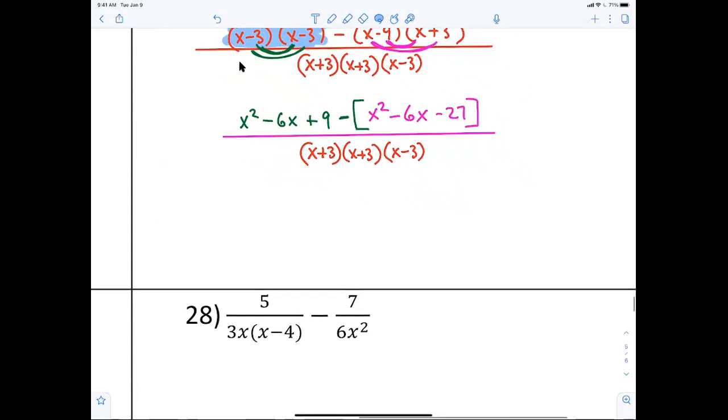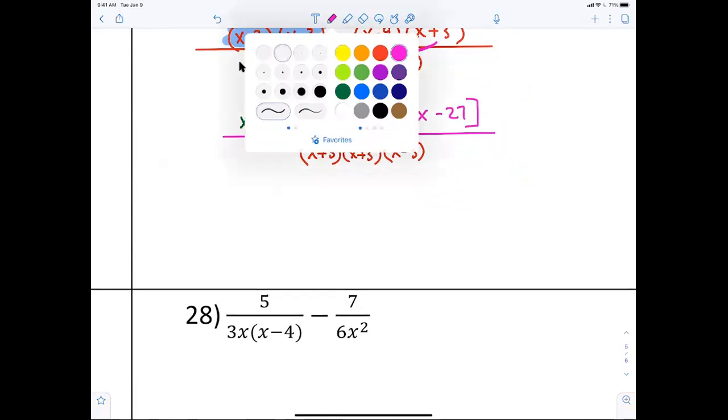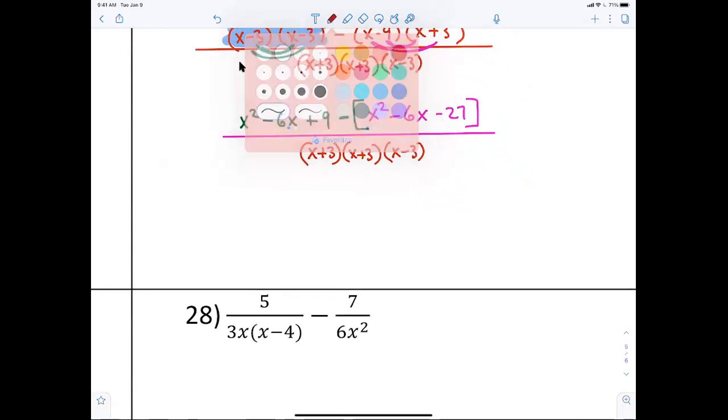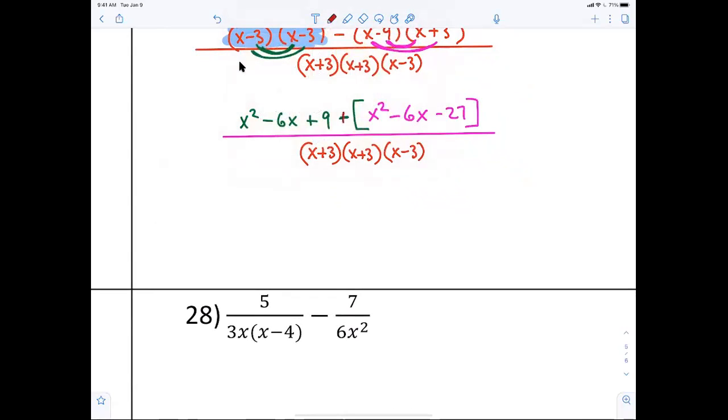Now I should take the time to go ahead and do what with the negative? Distribute the negative. So once again, plus, circle, minus, circle, plus, circle, plus, circle. You don't have to do that. I just made lots of mistakes not changing the signs. So I just take the little extra step because I want to get 100. Now you combine terms.